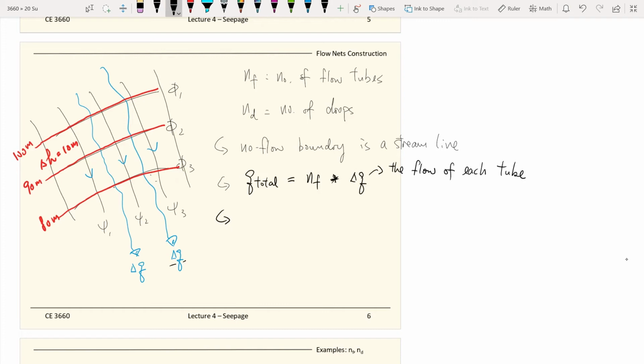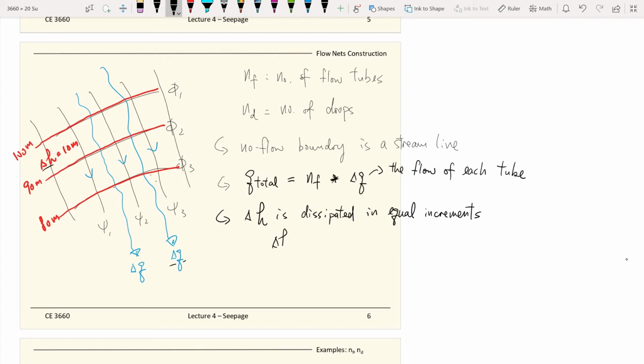And one more observation is that the head drop here is dissipated in equal increments. So we talk about this. After we travel through each equipotential line, it will experience the same amount of drop.